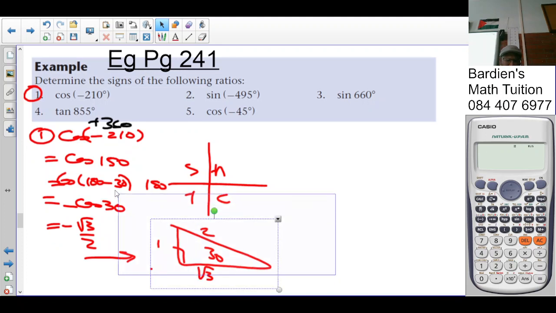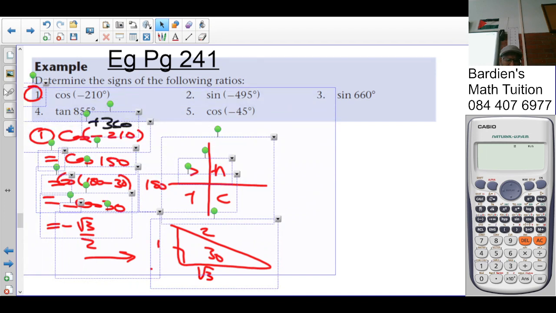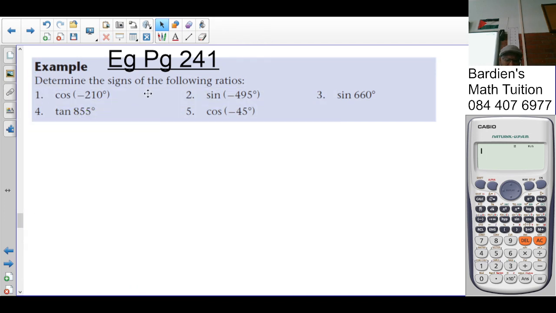On to number 5. Who's finished with number 5 already? Only a few. I'll give you a minute to sort that one out. We'll do a few more.